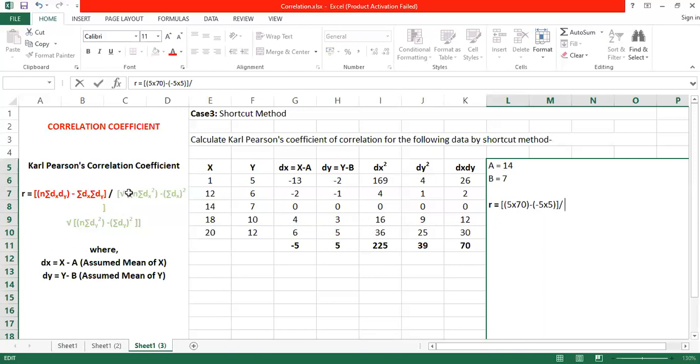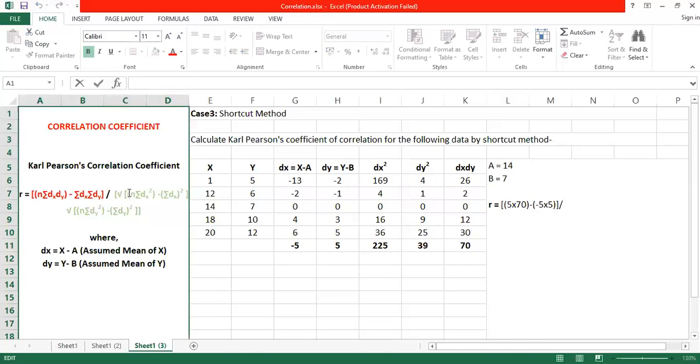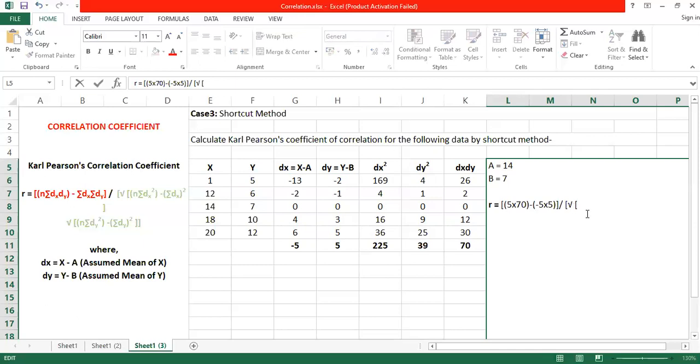Now we have this square root. We have n. N was 5. N is the number of observations, right? Into sigma dx square.